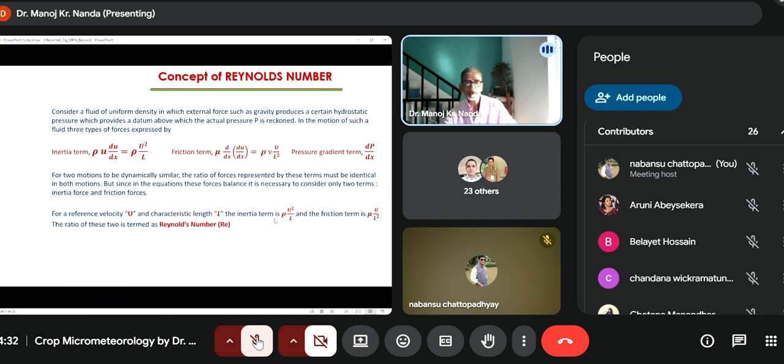So rho will be cancelled in the ratio, and u square and u will become u only, and the formula is something like uL by nu. U is your wind speed, L is your length from the edge of the surface, and nu is your coefficient of kinematic viscosity, which is a characteristic of the liquids. So Reynolds number is a non-dimensional term, and it actually defines the characteristics of the boundary layer.